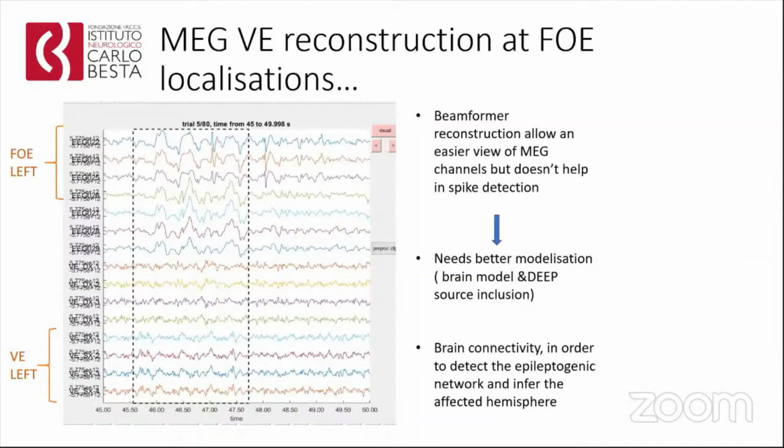Brain connectivity could be something to consider, because even if I do not see the hippocampus mesial temporal region, the brain connectivity can be useful, because we have a brain network that is altered and maybe can give us some kind of information.